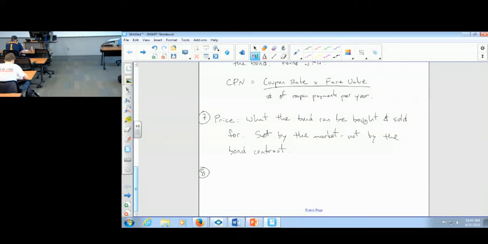Tied to the price and the other cash flows of the bond is what we call the yield to maturity, or YTM for short.